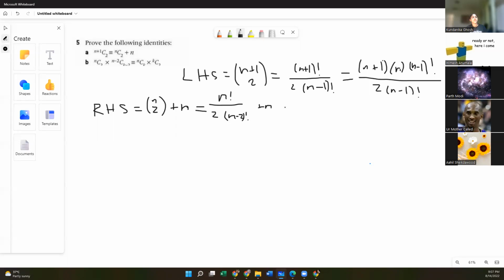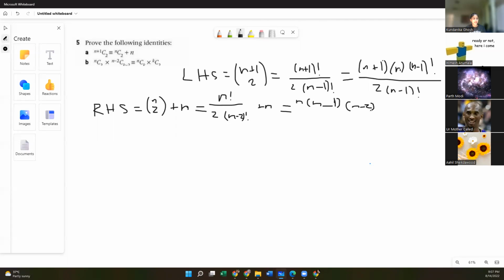Now I'm trying to do the same thing over here so that I can get rid of the factorials. So n factorial can be rewritten as n times n minus 1 times n minus 2 factorial, right?